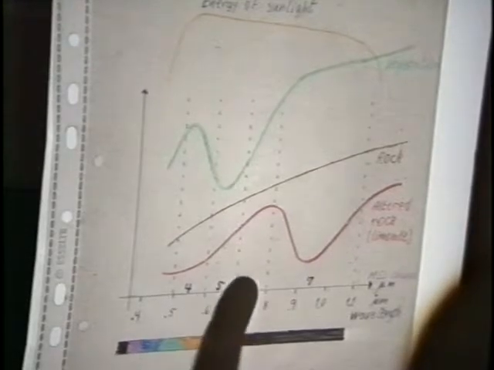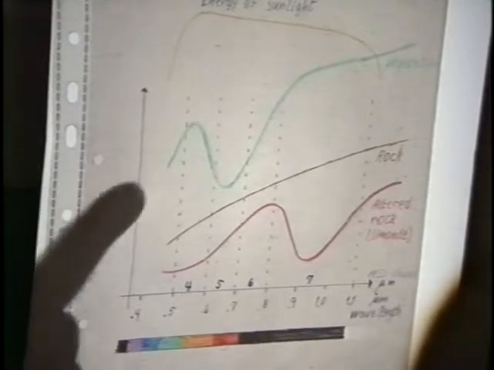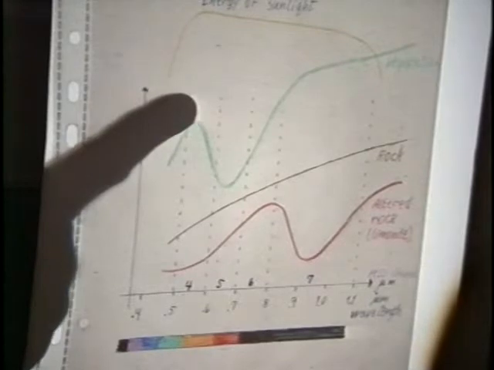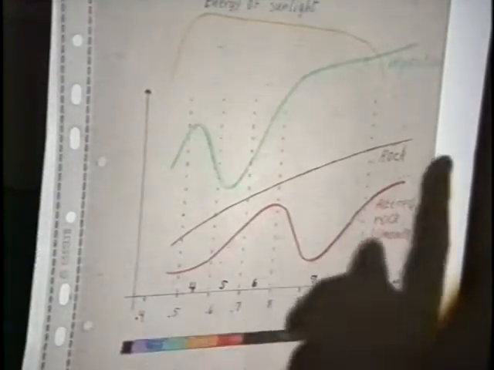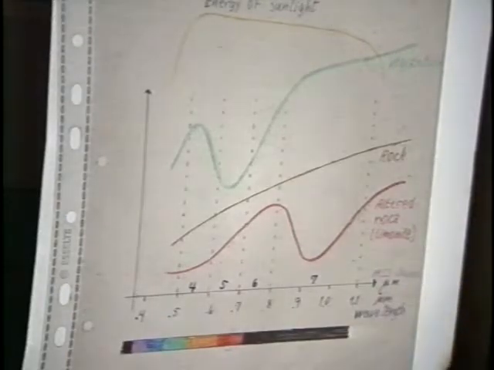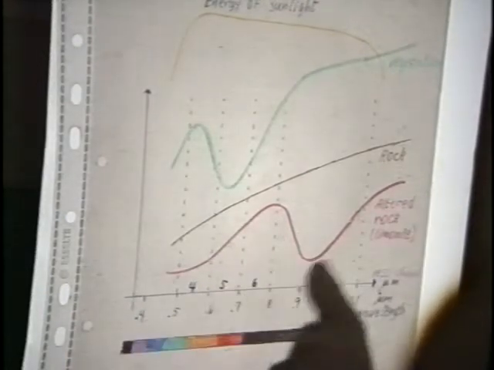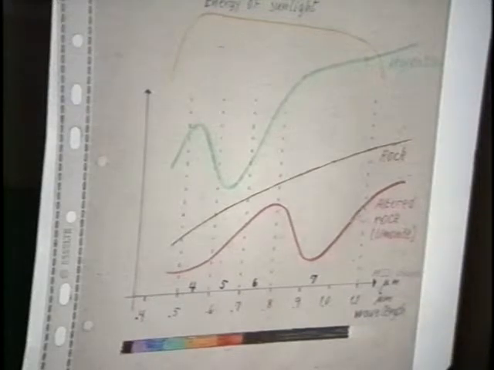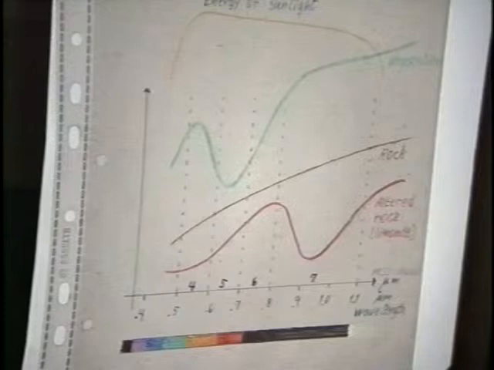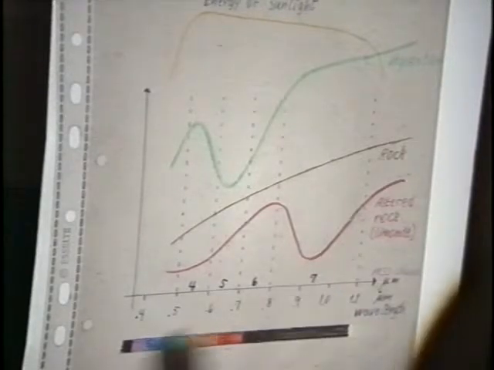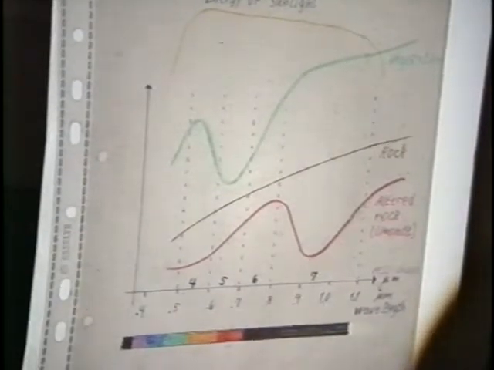So these are the places where we are measuring. And you can see that vegetation is green. It has a peak here in the green area. And you can see here that some types of rock has a rather smooth curve, and other types of altered rock has a dip here in the infrared area. And those rocks here are interesting for geologists. These alteration zones often show presence of mineralizations, and therefore the information present in the Landsat satellites are useful to geologists.